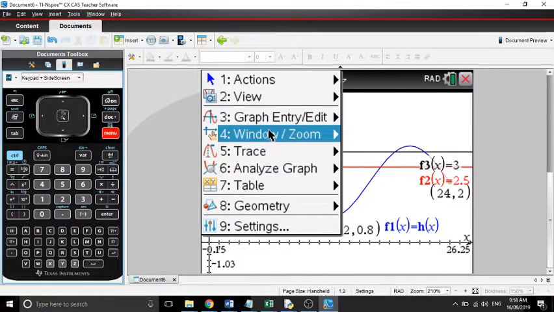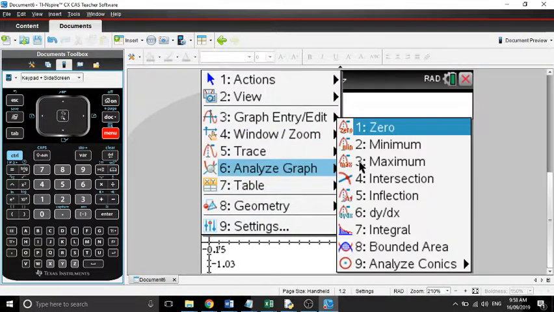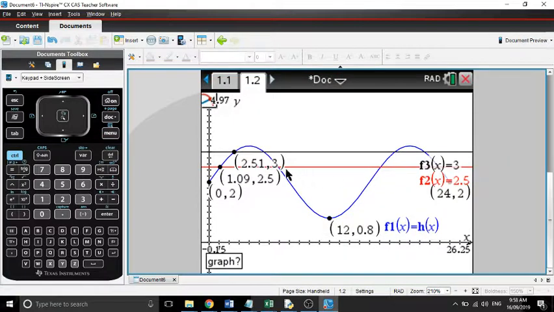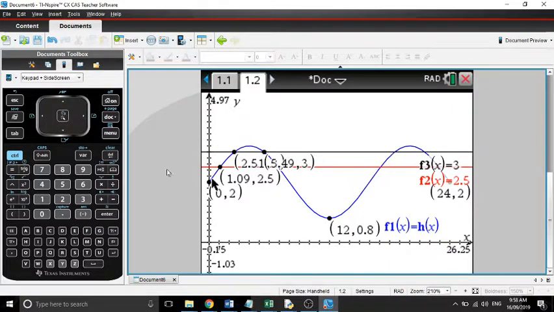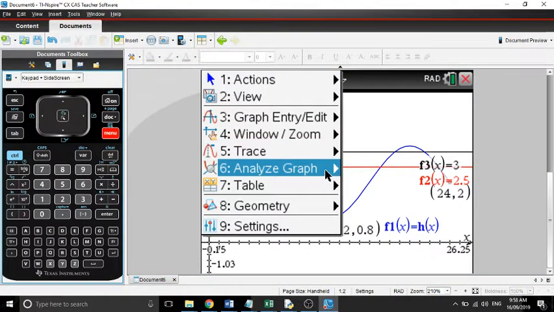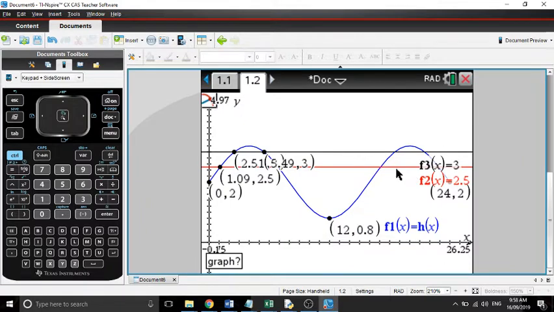Menu, analyze graph, intersection. 5.49. Analyze graph, intersection. 18, so we're adding 16 hours to it, so that's our period.